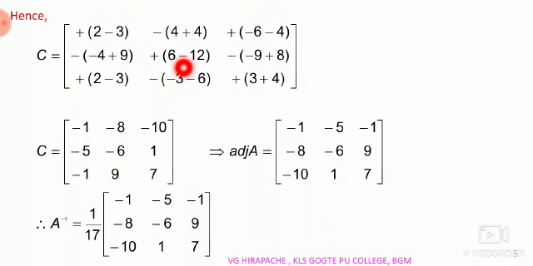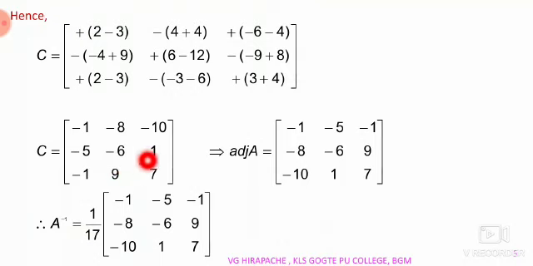Now minus, plus, minus: these are the minors of the second row first element, second row second element, second row third element. Again plus, minus, plus: these are the minors of the third row first element, third row second element, third row third element. Now after simplification we have the cofactor matrix with the elements minus 1, minus 8, minus 10, minus 5, minus 6, 1, minus 1, 9, 7.